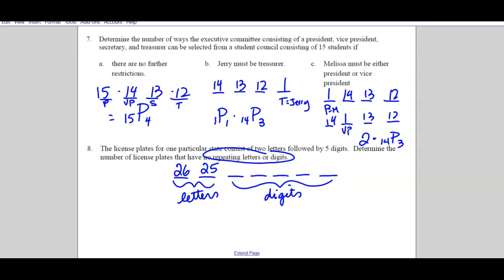And then no repeating digits. Again, you can start with a 0 here. 0 can be anywhere. It is a digit. There's no restrictions on that. So there's 10 digits. So 10, 9, 8, 7, 6. That's the long way. So in terms of P notation, that would be 26 P2 times 10 P5.